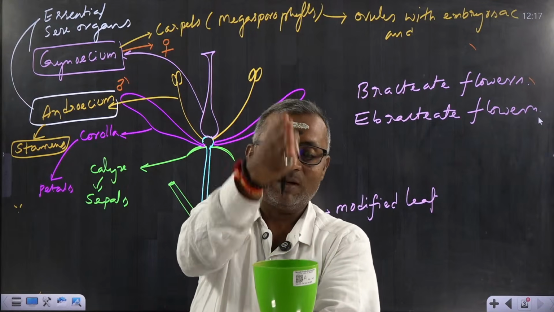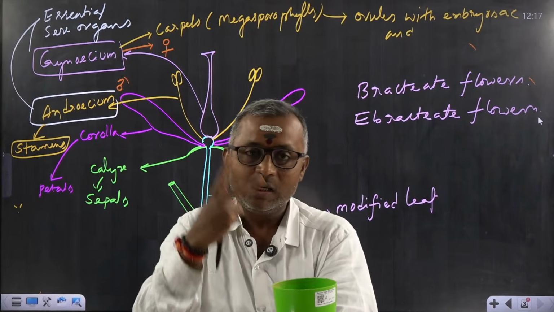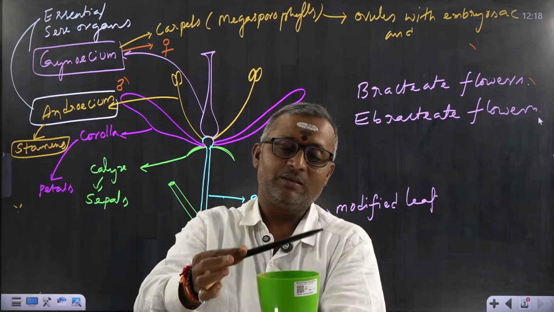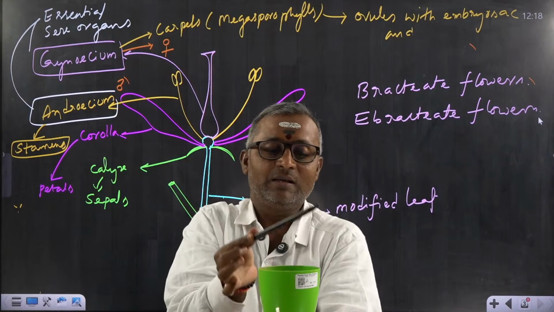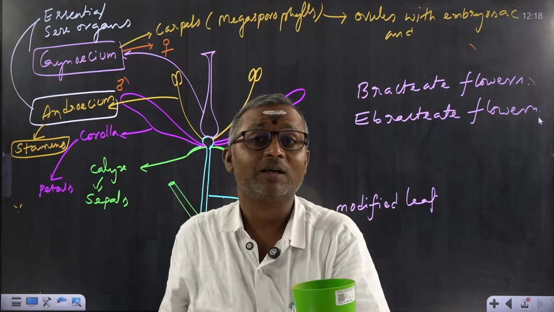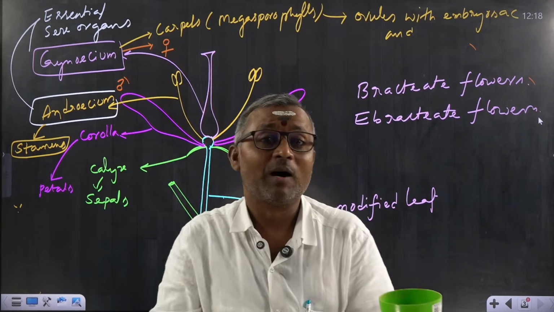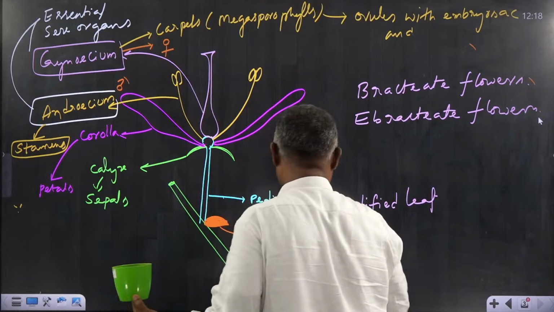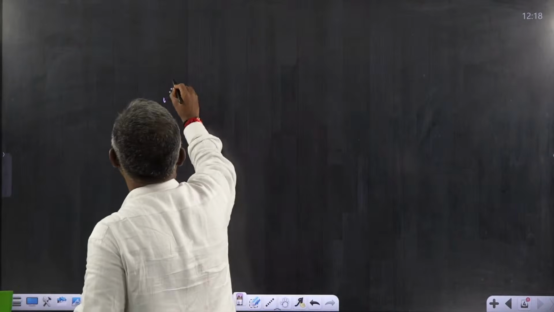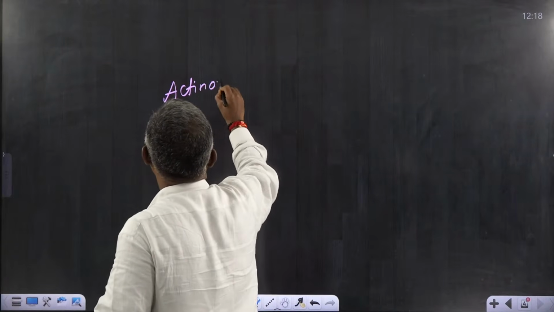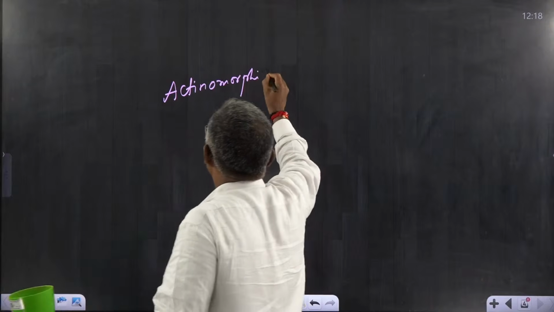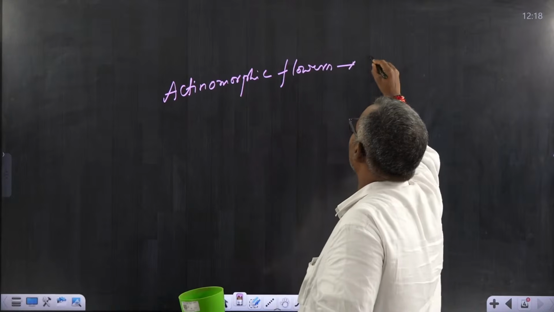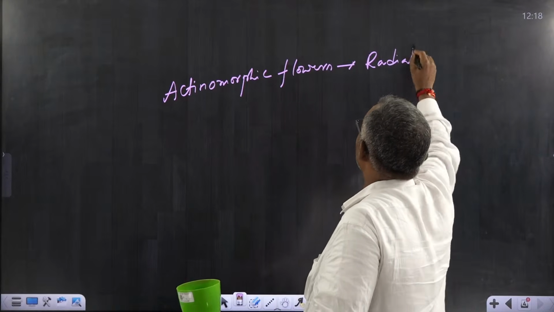If a flower can be cut into two equal vertical halves in any plane, like this plane, this plane, this plane, this plane, then it is called an actinomorphic flower. What is it called? Actinomorphic flower. So, these actinomorphic flowers will have radial symmetry.